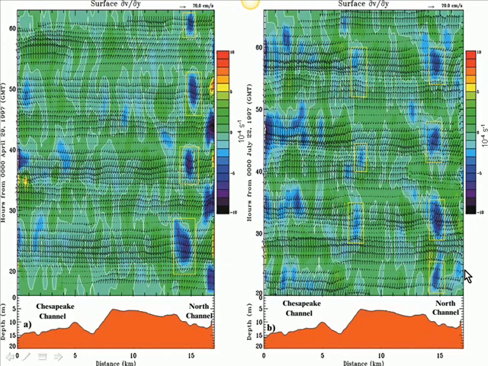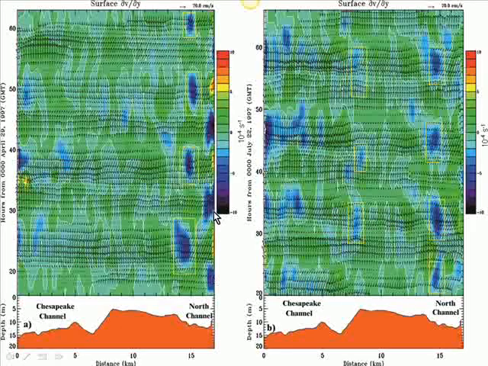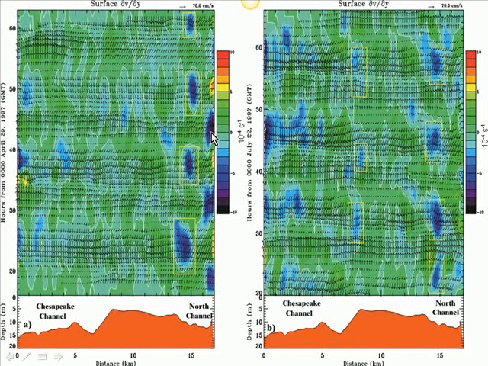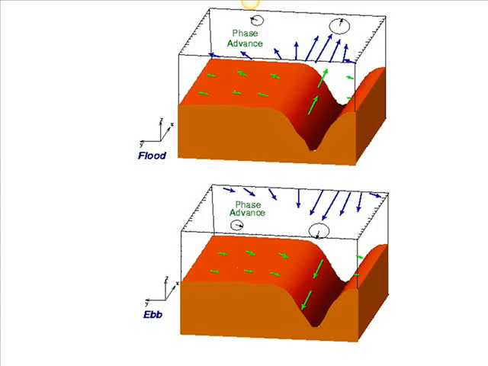You don't have the flood convergences because the channel didn't get as far, so you don't see these convergences during flood. So we also observed this in the James River, but I'm not going to show you the data. The data show essentially the same that I showed you.